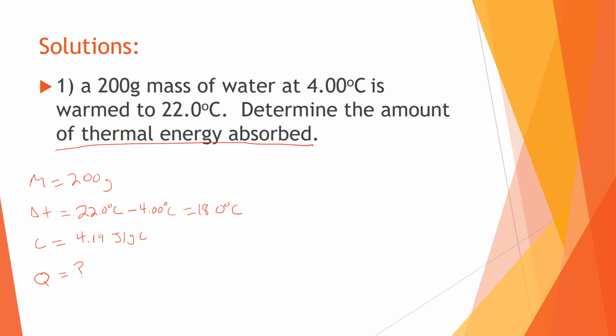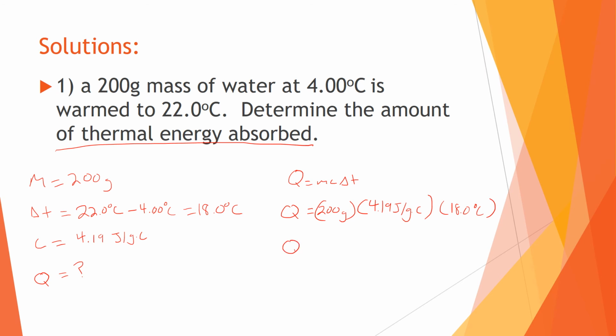All right, so put your formula, Q equals MC delta T. Okay, substitute in your numbers from your variables. 200 grams, 4.19 joules per gram degree Celsius, and the temperature changed by 18.0 degrees Celsius.